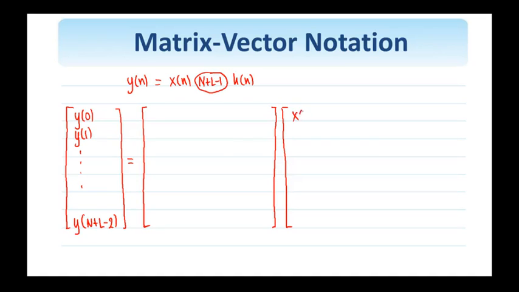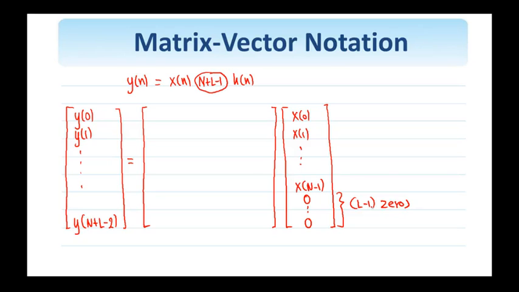And in x, I'll have the original values of x, 0, 1, all the way to N minus 1, and then I'll pad it with zeros, and the number of zeros is equal to L minus 1.